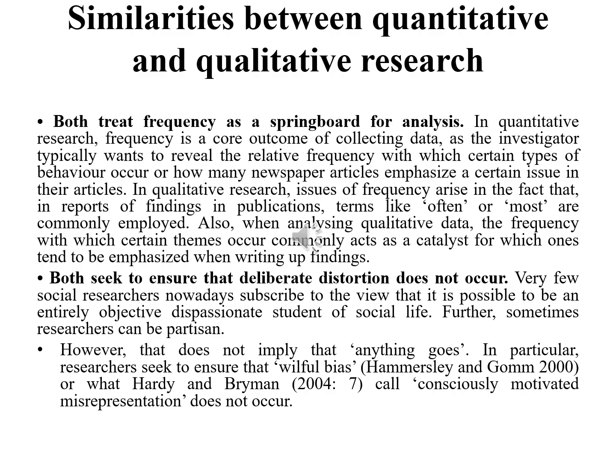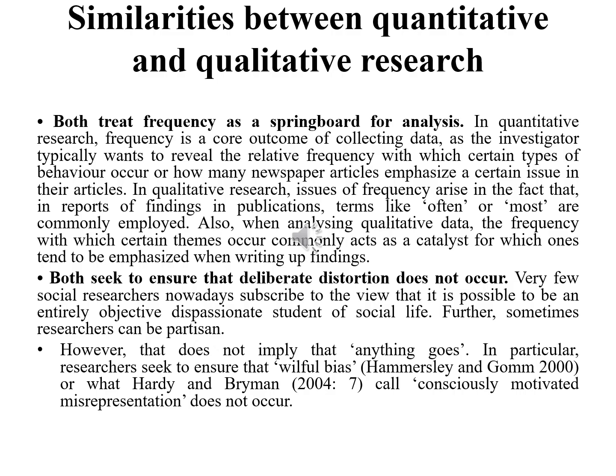Quantitative research counts how many times something occurs, and qualitative research notices how often certain themes or ideas appear. For example, if many students mention exam pressure, the researcher may give more attention to that theme. Both look at how often things occur to help understand the data.